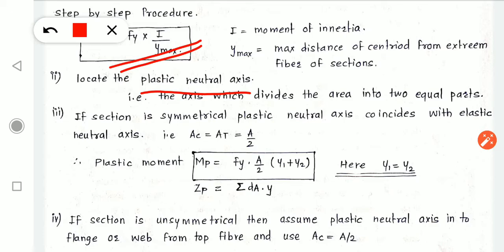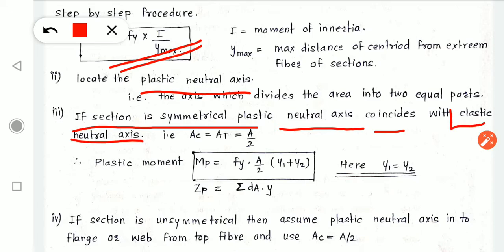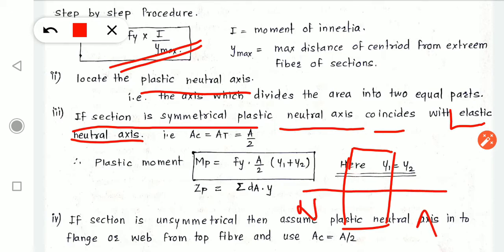Then the third step: if the section is symmetrical, the plastic neutral axis coincides with the elastic neutral axis. What does it mean? It means that if the section is rectangular, because a rectangle is symmetrical, that is why I have taken a rectangular section as an example, the neutral axis found in the elastic stage coincides with the plastic neutral axis.